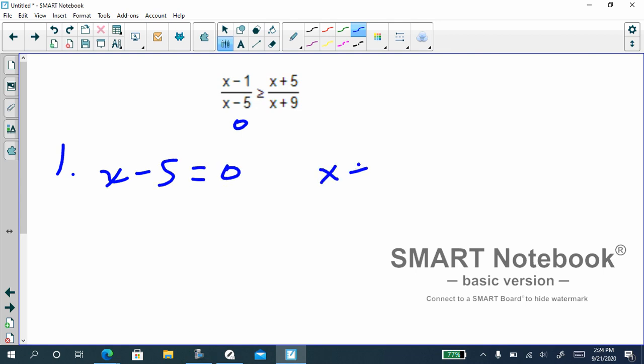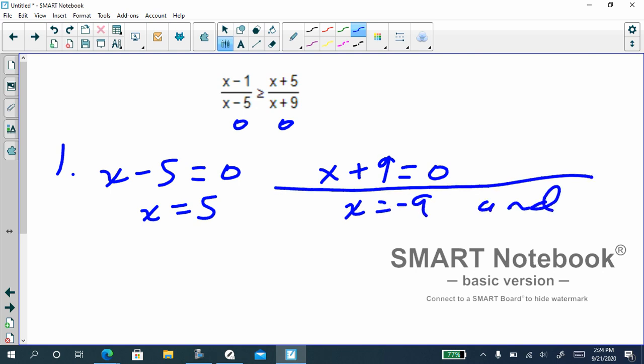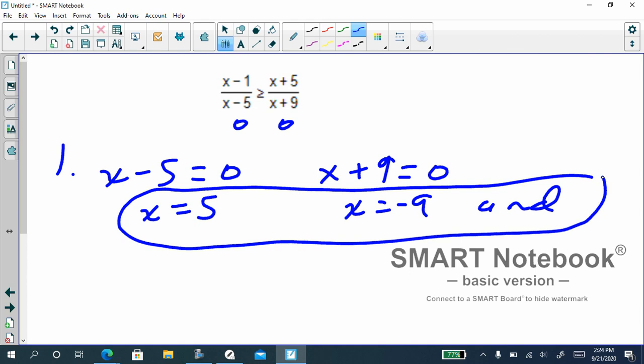And if the other denominator is 0, that's a problem. So what makes that one 0? So x equals 5 and x equals -9 are the two numbers that make us undefined. We're not allowed to let x be 5 because we would get a 0 on bottom. Same with -9.